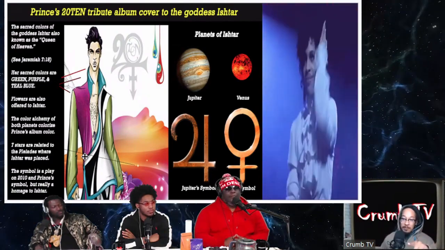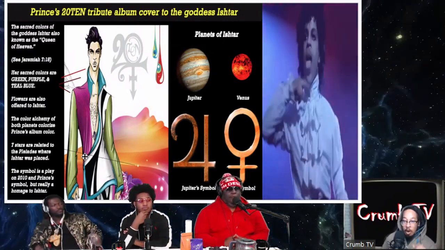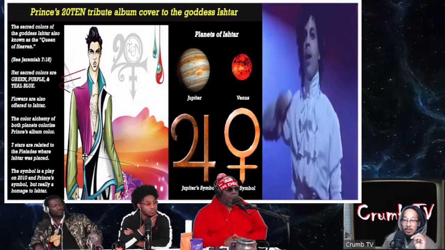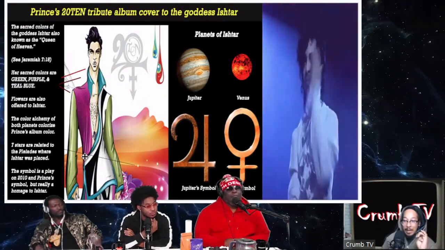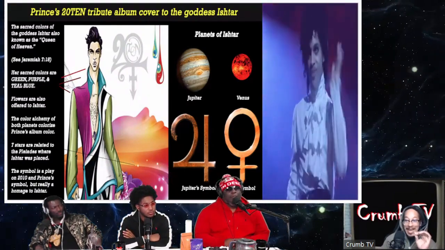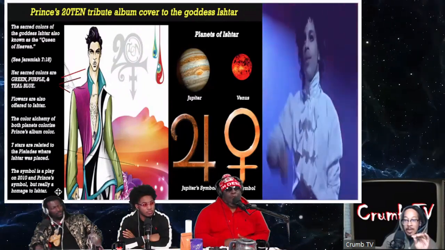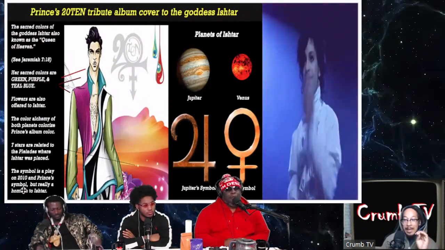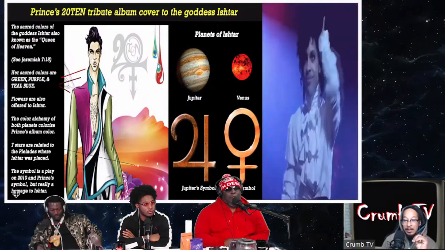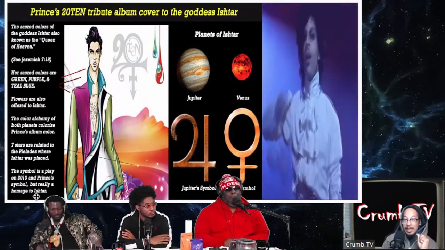But let me just finish these last two. 7 stars are related to the Pleiades where Ishtar was placed. There's 7 stars on Prince's album. It's not a game, family. Last but not least, the symbol is a play on 2010, the Prince's symbol, but really a homage to Ishtar.